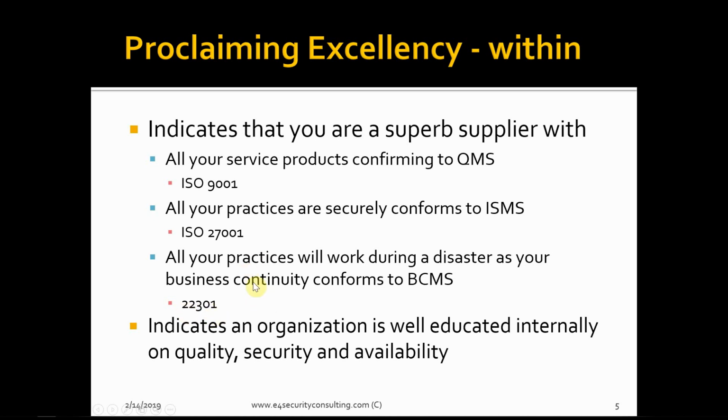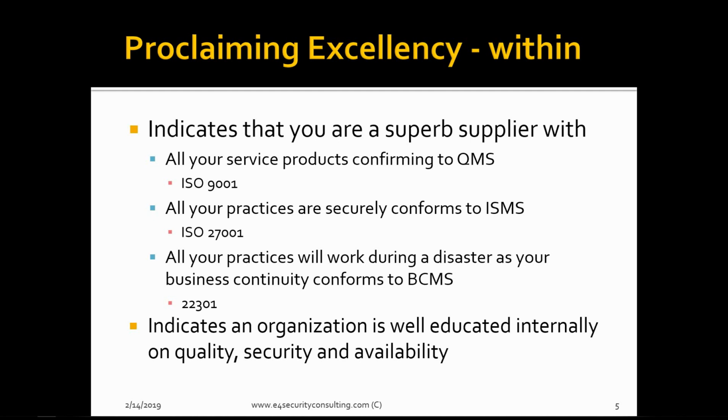So what it means is that you are proving a superb supplier internally as an organization, that you have embedded quality, security, and business continuity, which indicates that the organization is well educated on quality, security, and availability, is continuously delivering quality, security, and business continuity, and is well versed on these subjects.